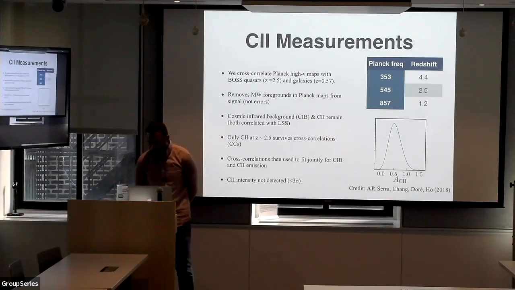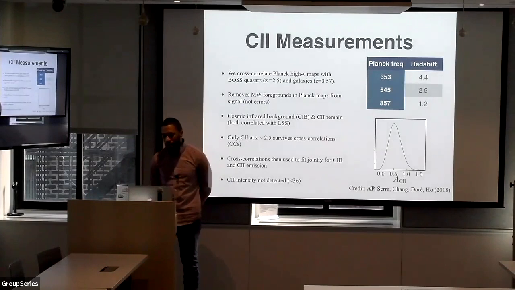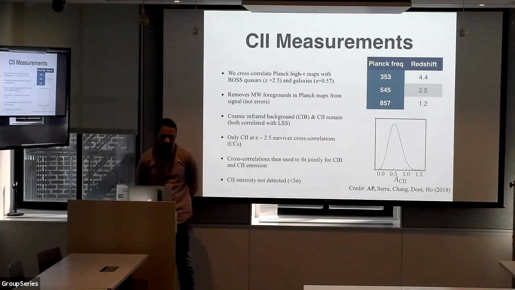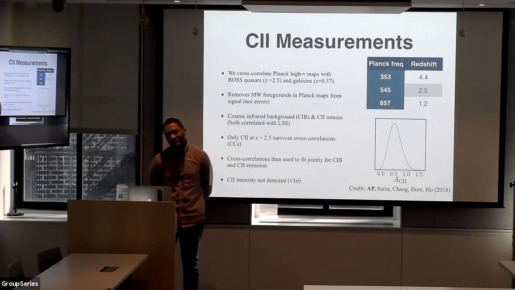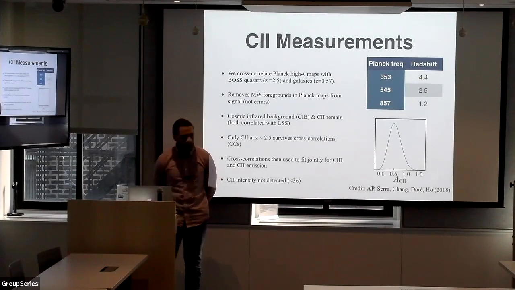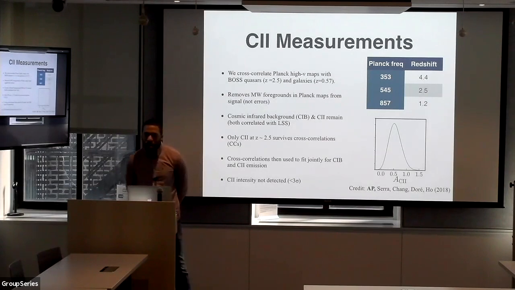But that helps us because what we can do is we can expect that although C2 should exist in principle in all bands of Planck, they would exist at different redshifts. If we cross-correlate basically all these maps with the same finite redshift range of quasars, the C2 at different redshifts should not correlate with these quasars.